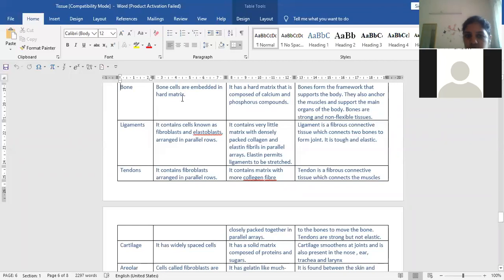The last, bones form framework, that I'm reading. Faster. I'm done, ma'am.